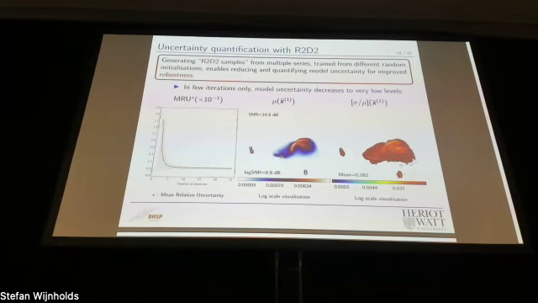And this allows us to quantify the epistemic uncertainty for R2D2 reconstruction. And in the middle, you can see the reconstruction of R2D2. It's not just the reconstruction, it's the average of the 5 reconstructions of the 5 realizations of R2D2.